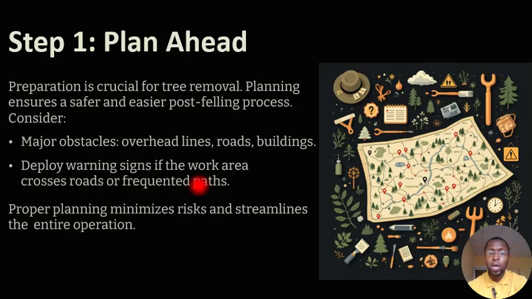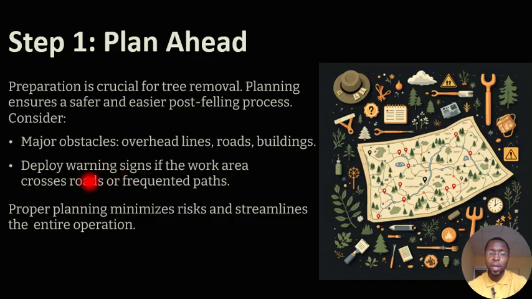If the work area where the felling is taking place is around the roadside, then you must place a warning sign on the road so that whoever is coming will not have a head-on collision with the falling wood. So you give a warning sign, and for the obstacles too, you make sure that these obstacles are well taken care of. Then you give a warning sign for those that are coming around the area where wood has fallen.